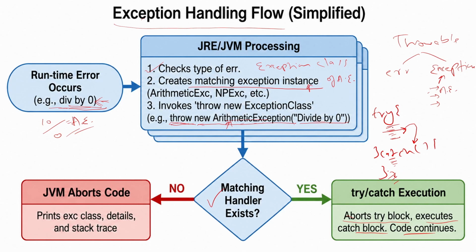So we will have the main logic inside the try block and the failing logic inside the catch block. Failing logic means what will happen if an exception occurs. Those parts we write inside the catch block. So let's say we are getting an arithmetic exception. The code is written inside the try block, so from that line it will go to the catch block, and inside the catch block the failing logic will be there.